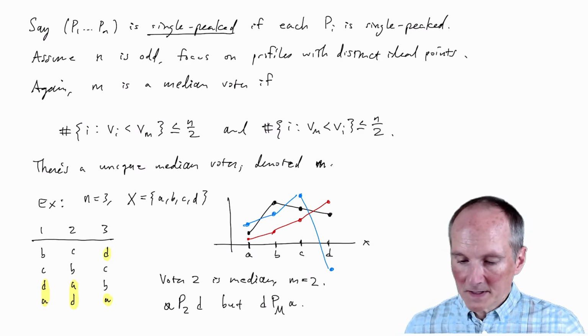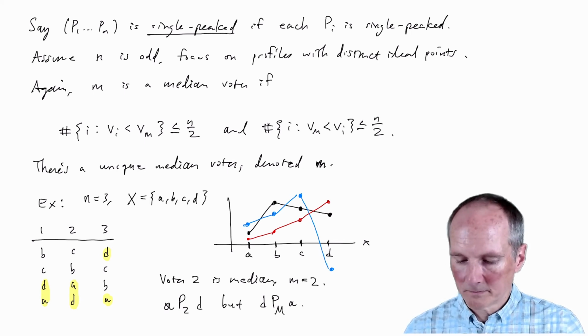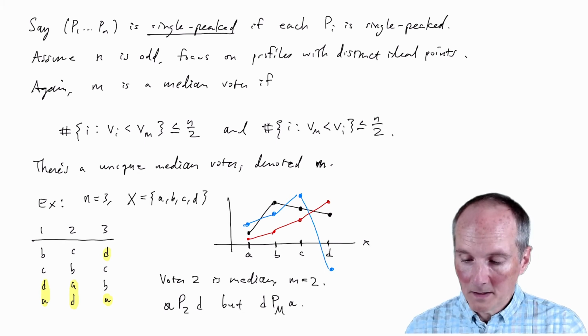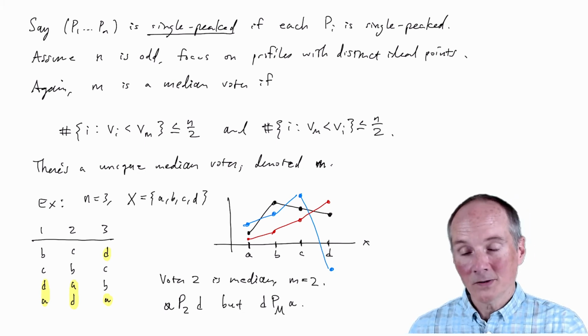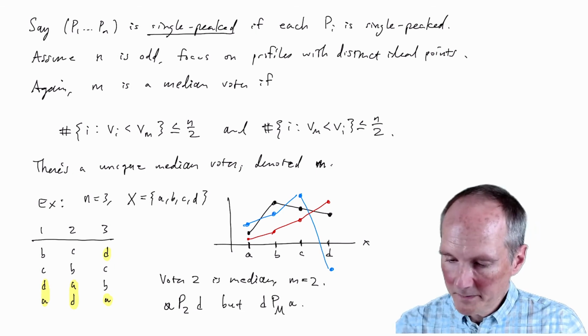So that shows us that with single peaked preferences, we don't get the same really strong median voter theorem, okay? But we still get a median voter theorem. It's just a relaxed version of it, okay?